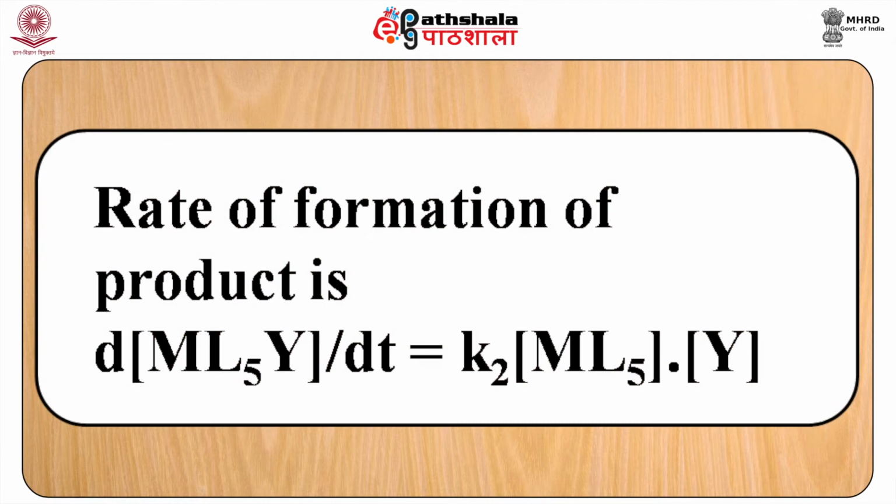So if we consider the rate of reaction here, the rate of formation of product, that is d[ML5Y]/dt, is equal to k2, which was the rate constant for the second step reaction.